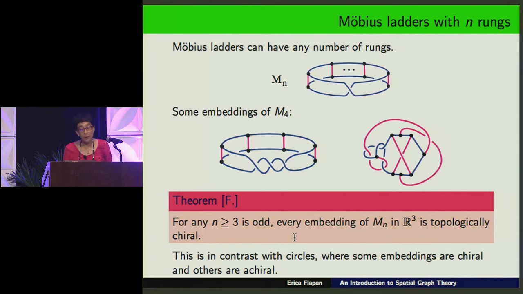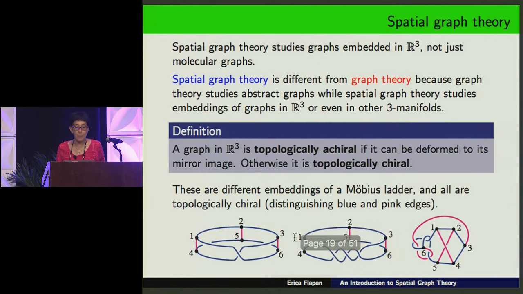So here's a theorem that says for any n that is greater than or equal to 3 and is odd, so I've got an odd number of rungs, no matter how you embed the Mobius ladder in R3, it's going to be topologically chiral. So for example, immediately we know from that theorem that these 3 embeddings, because they have 3 rungs, which is odd, are all topologically chiral.